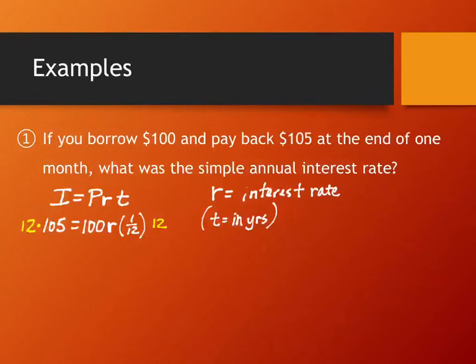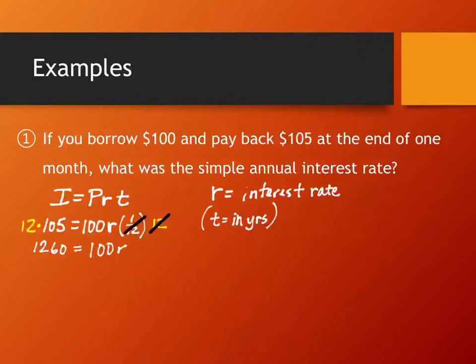Let me get out a calculator. If you have a calculator with you, I would encourage you to get one out as well. All right, so we need 12 times 105. That's 1,260, equals 100R, because of course these two cancel.